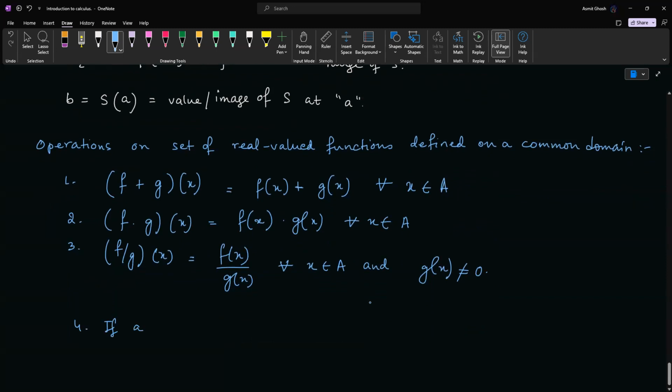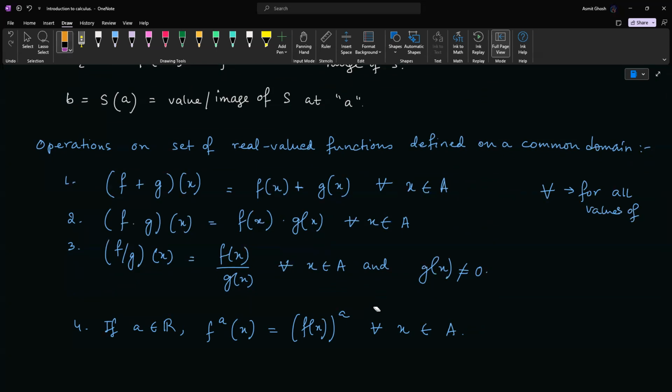Also, if a belongs to real numbers, then f to the power of a of x is equal to f(x) to the power of a for all x belonging to A. This inverted A symbol means for all values of something.